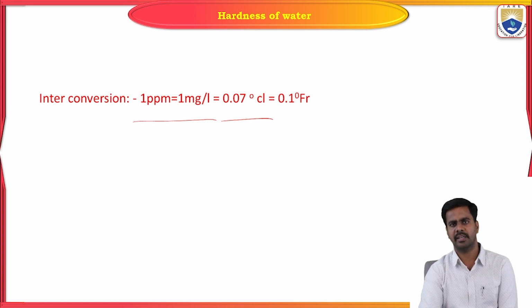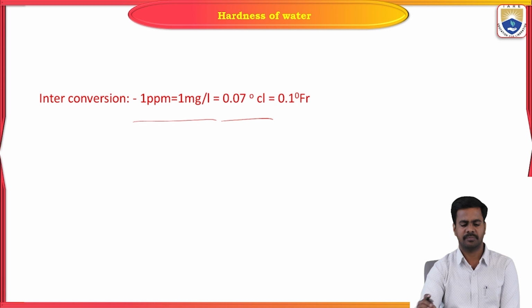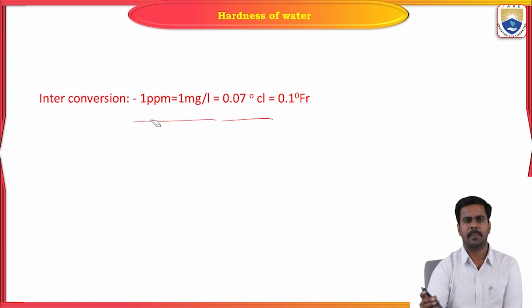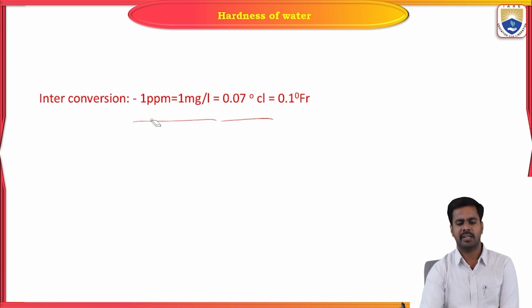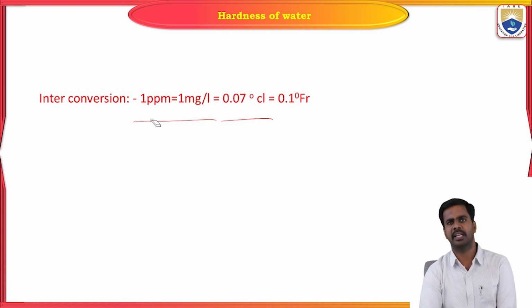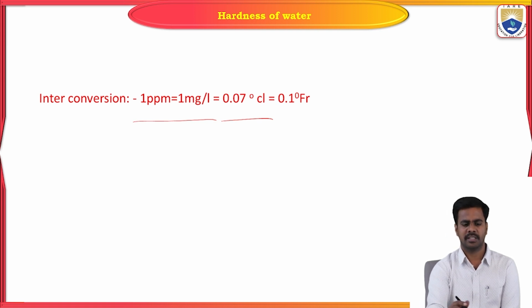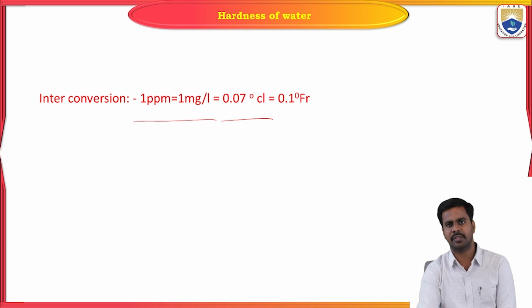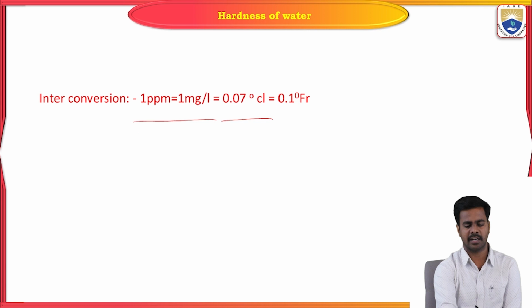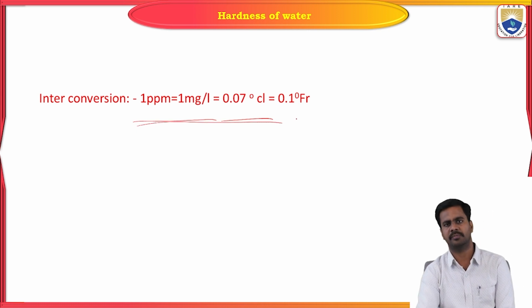In problems based on hardness, you will be asked to calculate hardness in terms of degrees of French and degrees of Clark, but they have given some concentrations of different types of salts in terms of ppm. So in that case, this interconversion is very useful. That's why we have to remember it.